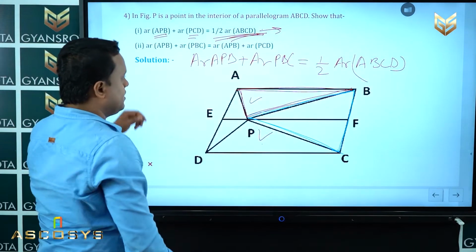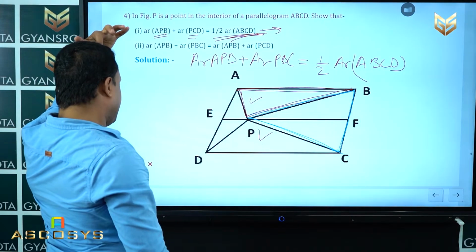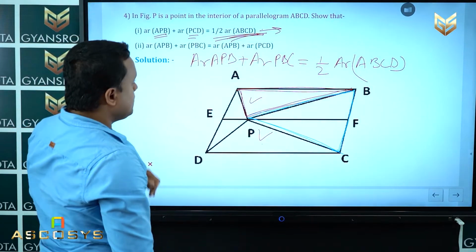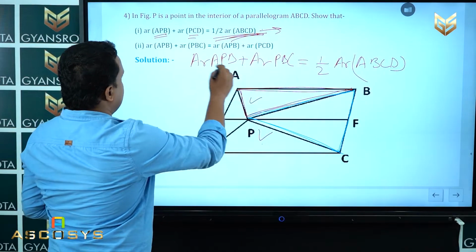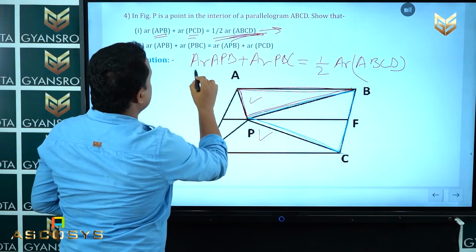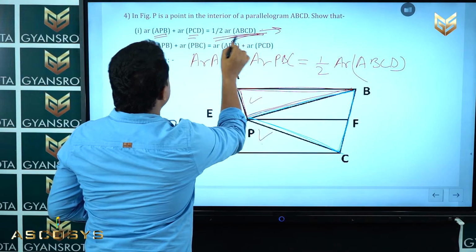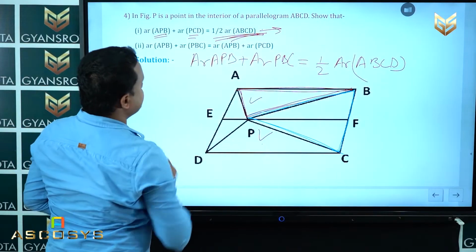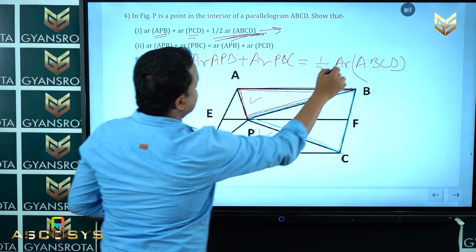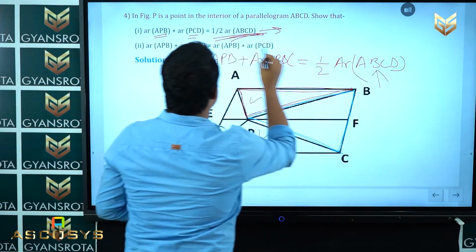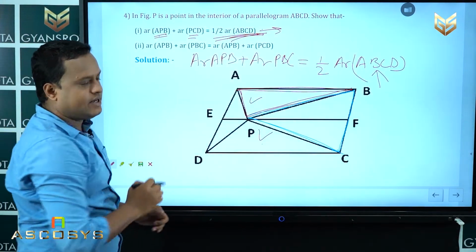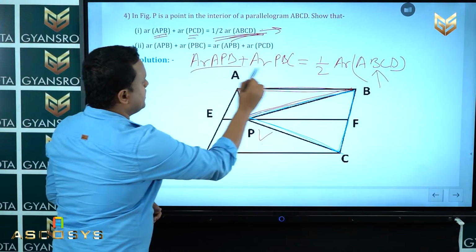All right. So we already have from the earlier one that half of ABCD is equal to APB plus PCD. So in place of half of ABCD, we can write APB plus PCD. That is the only thing we need to prove.